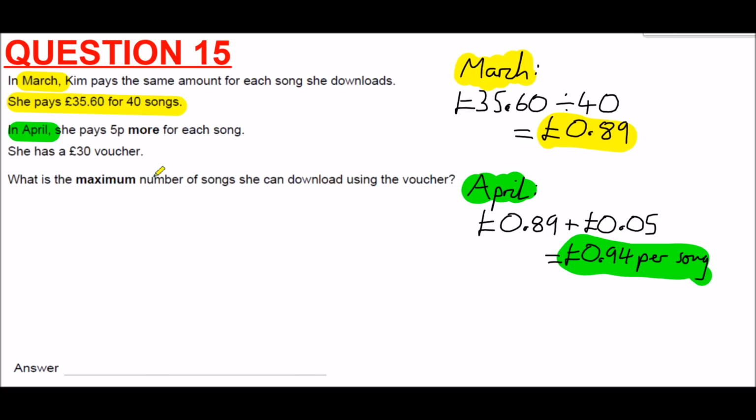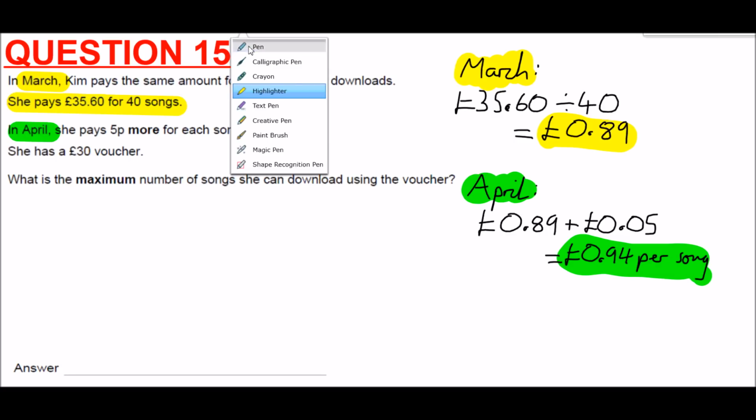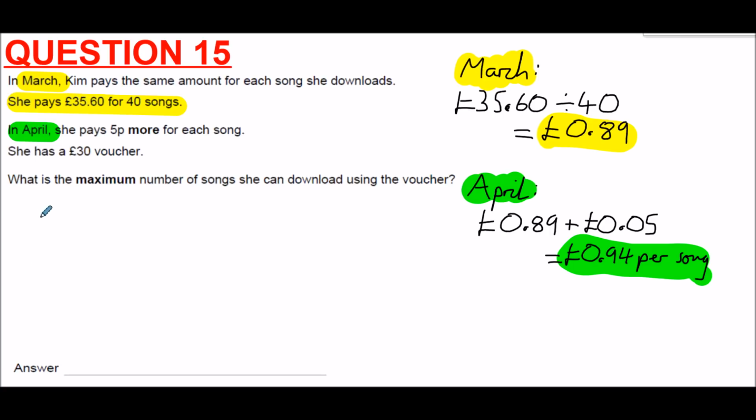She has a £30 voucher. What's the maximum number of songs she can download using the voucher? So £30 in total is what she's got to spend using the voucher. So it's how many lots of 94p can she milk out of a £30 voucher? So it's going to be £30 divided by 0.94.